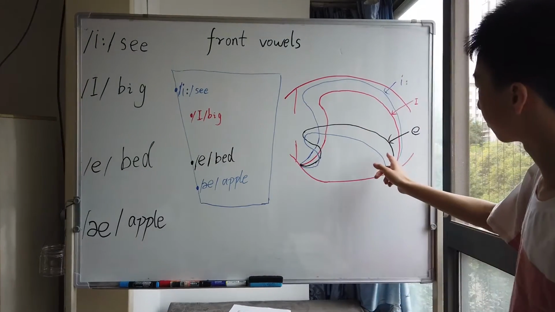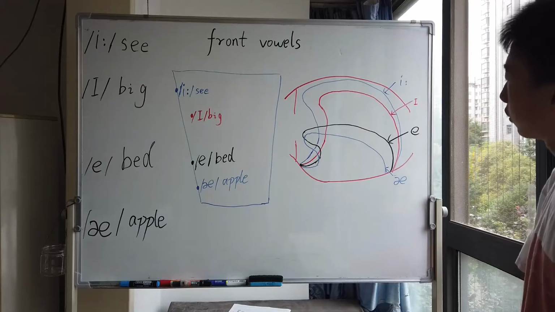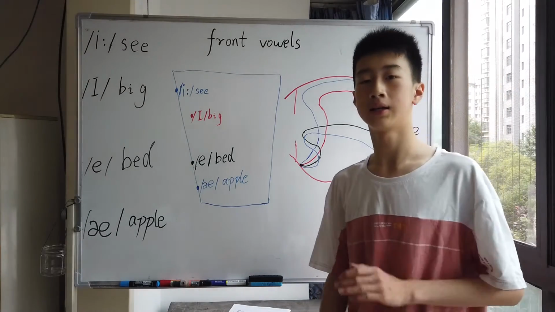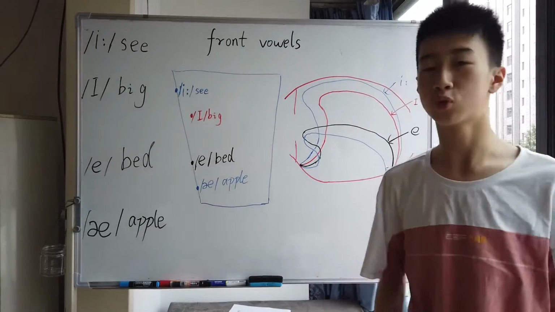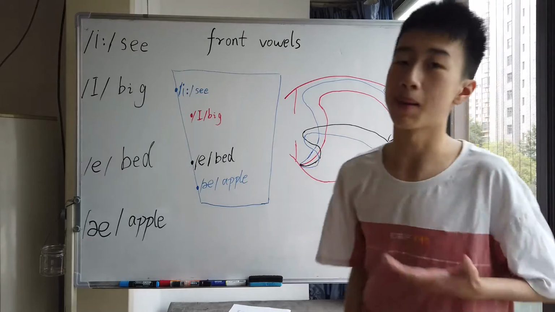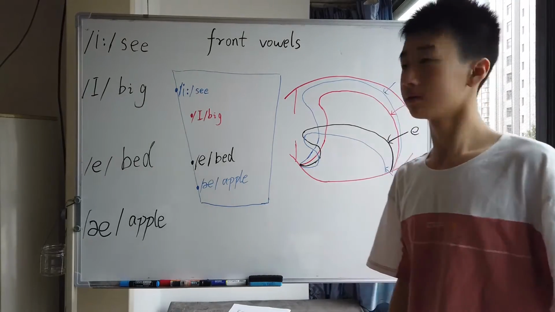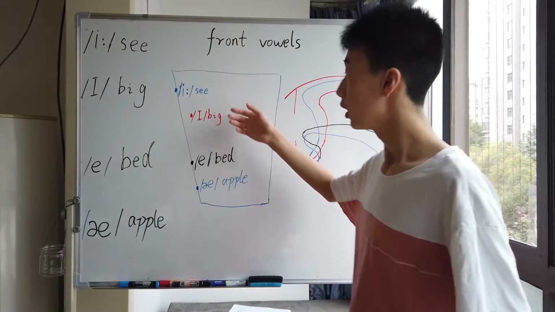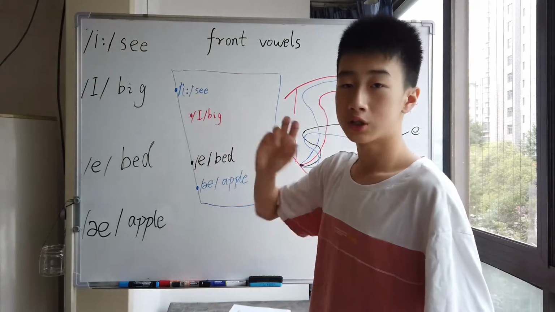We can see that it's represented by this black line over here. It is relatively low, and I would even say that it is your normal tongue resting position, but a bit different. Your tongue reaches perhaps forward a little bit, and then you just pronounce the sound. And by the way, in ascending order, the E is the smallest.